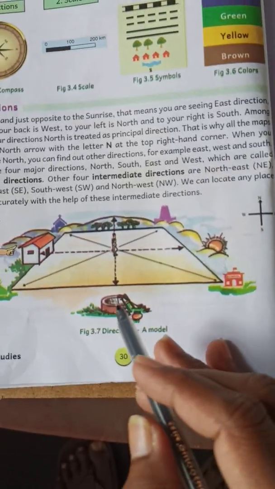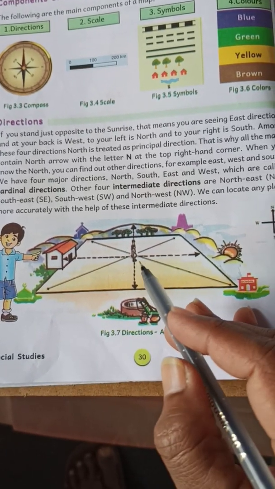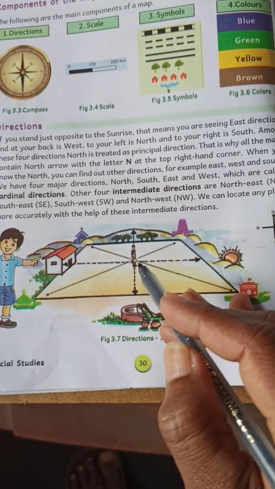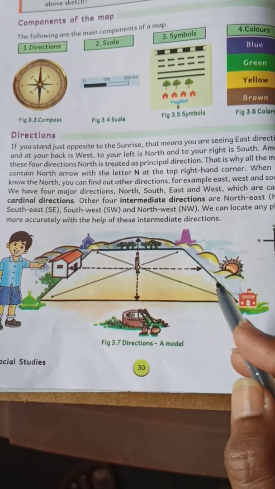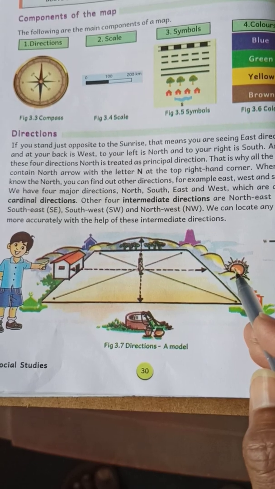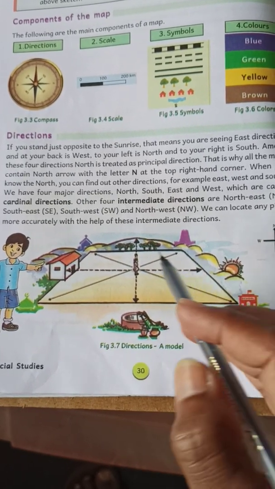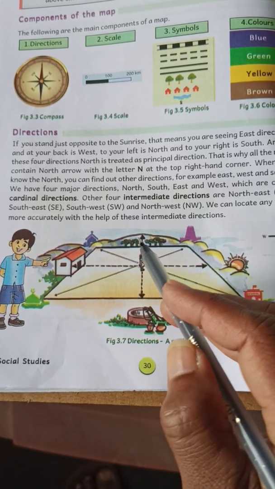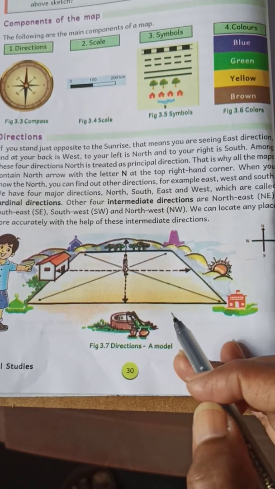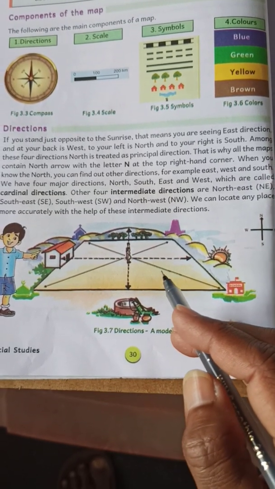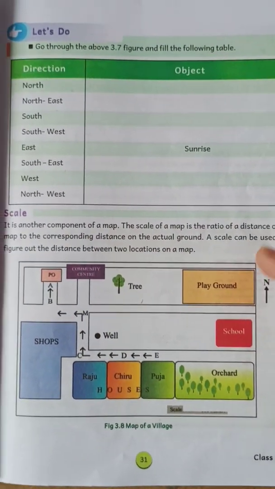You must observe this picture, right? Yes, here the girl is standing opposite to the sunrise. Here the sunrise. You must observe the north direction here. This picture totally you must observe. The page number 31 you must observe.